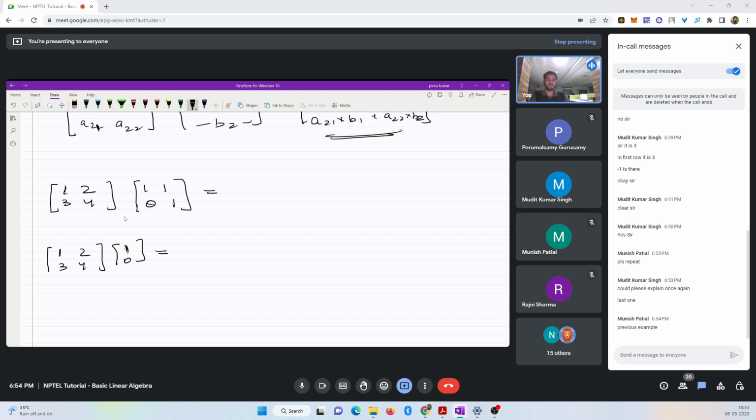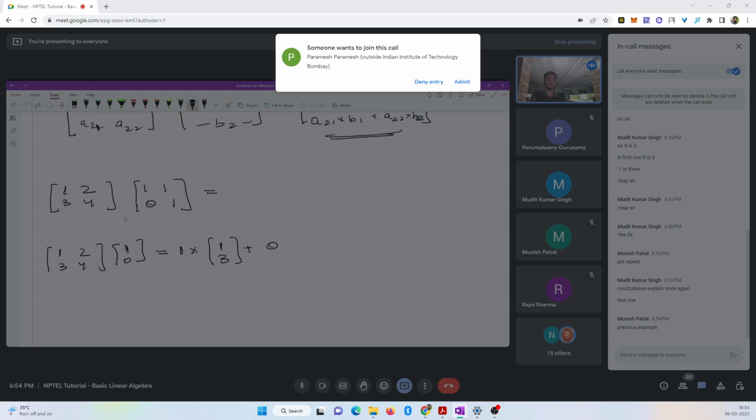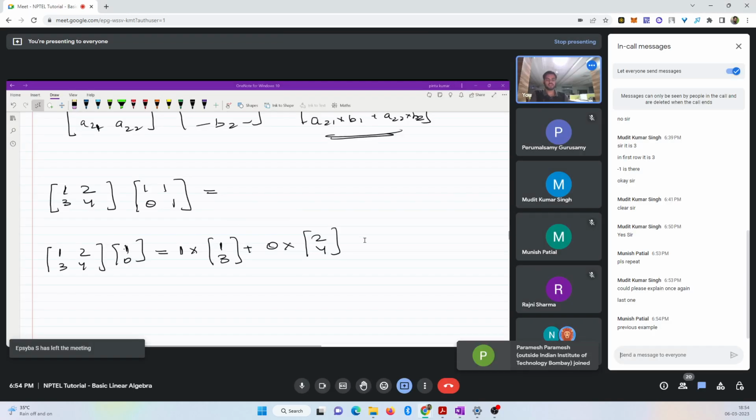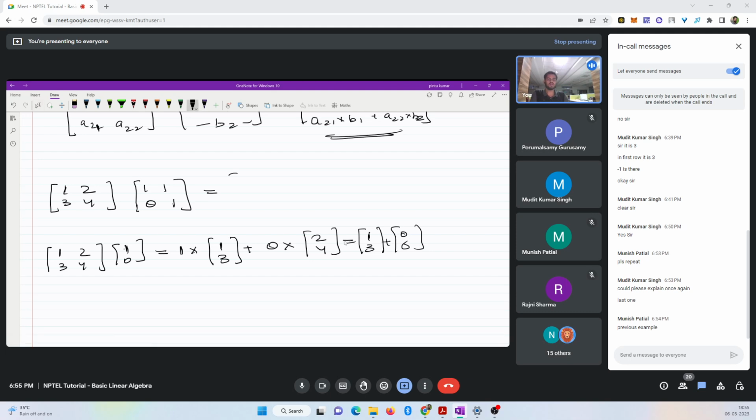We multiply 1 with the first column, so 1 into 1, 3, and then add 0 multiplied by the second column. We obtain 1, 3 and 0, 0, and adding them we get 1, 3.